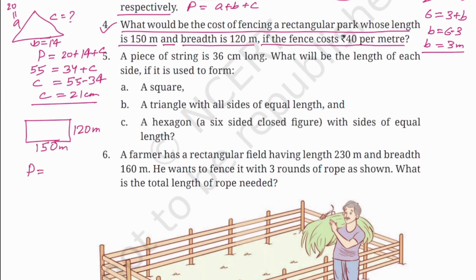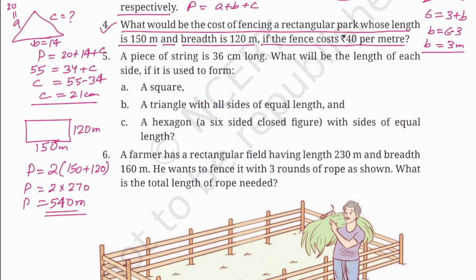Then perimeter will be 2 times length plus width. Perimeter will be 540 meter. That means the length of fence required will be 540 meters.